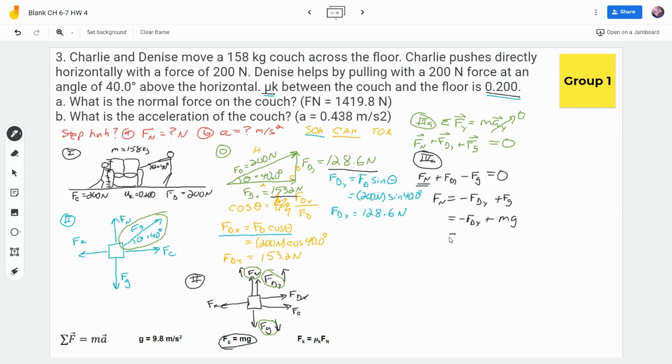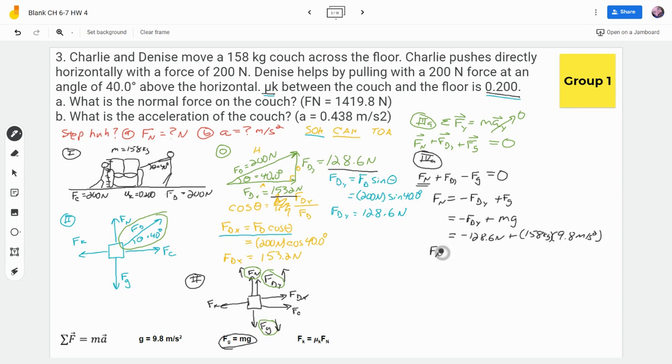And now I'm going to put in my numbers. So minus F sub dy really means minus 128.6 newtons plus m is 158 kilograms, and g is 9.8 meters per second squared.